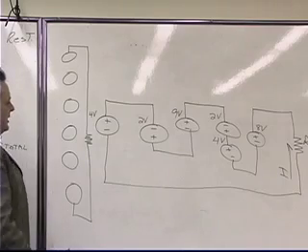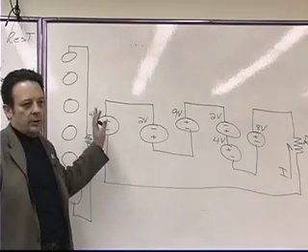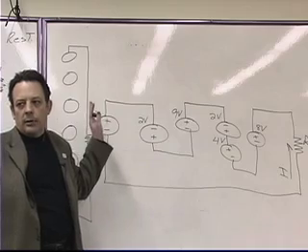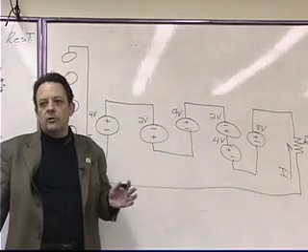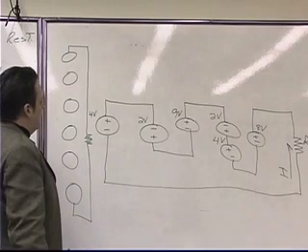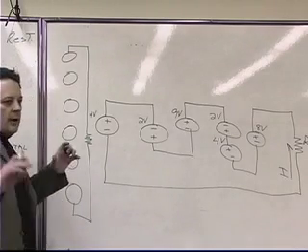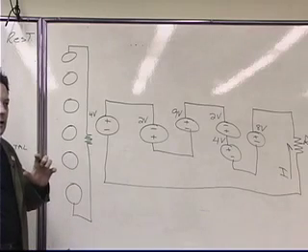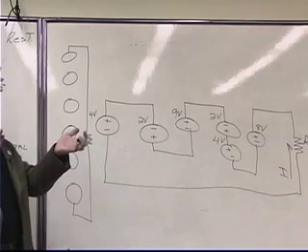Now, I've changed the topology of the circuit, in other words the way it's drawn, but I haven't changed anything electrically about the circuit. What I can do now is go through and figure out whether or not batteries are canceling each other out or they're aiding each other.